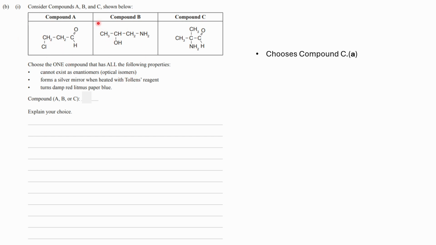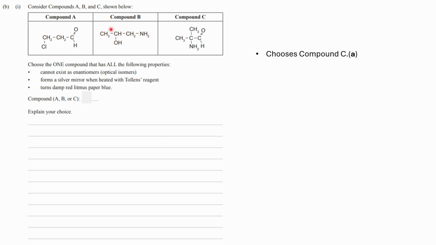If we go to compound B, we can see the carbon on the left has 3 hydrogens. The next carbon is bonded to a methyl group. On the other side, it's bonded to a CH2NH2, which is a different group because it's larger than the methyl group, bonded to an OH and bonded to a hydrogen.